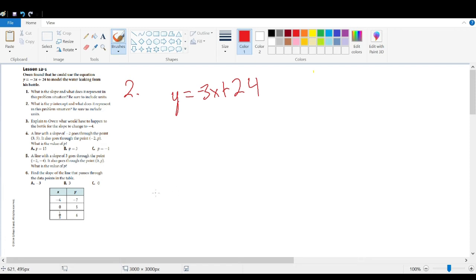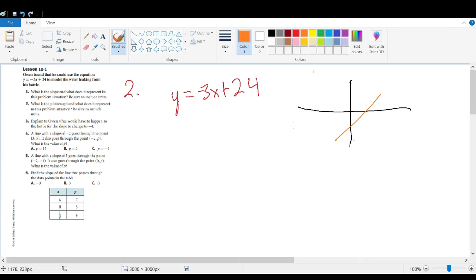Well, the y-intercept is pretty simple. Just suppose we have a graph, right? Suppose I have a graph like this. The y-intercept sounds quite intuitive.